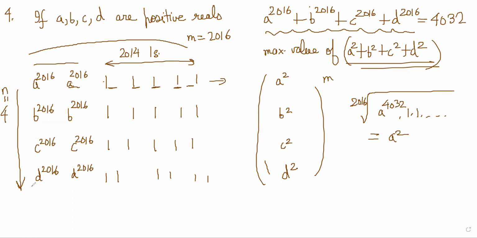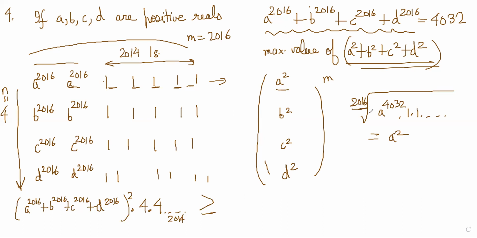So now that we apply Holder's here, we get A power 2016 plus B power 2016 plus C power 2016 plus D power 2016 multiplied by the same thing, so square, and these terms will add up to 4. Every time you get a 4 into 4, and how many 4s will you get? 2014 times 2014, right? Should be greater than equal to this term.